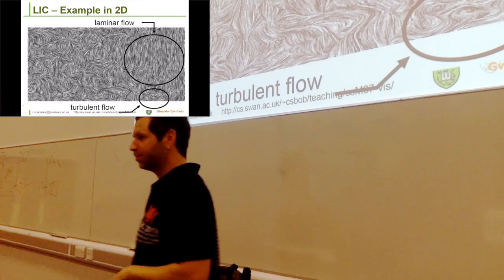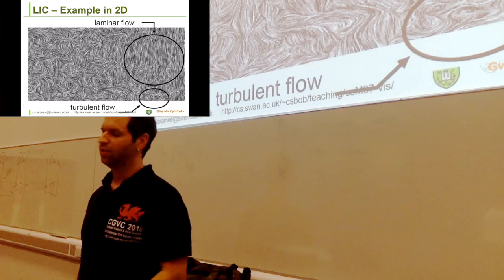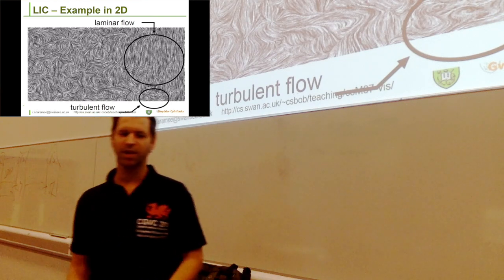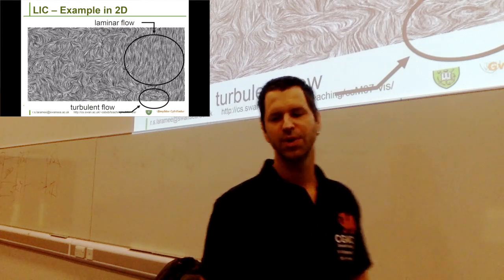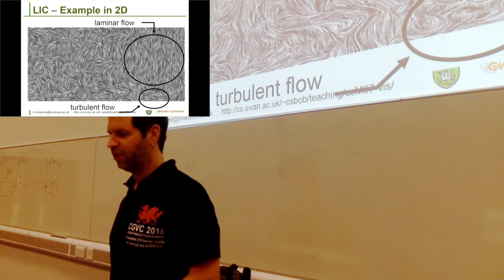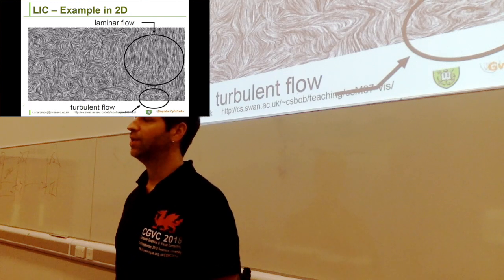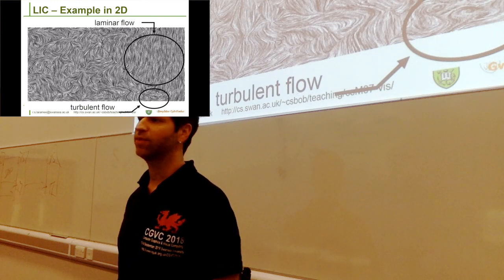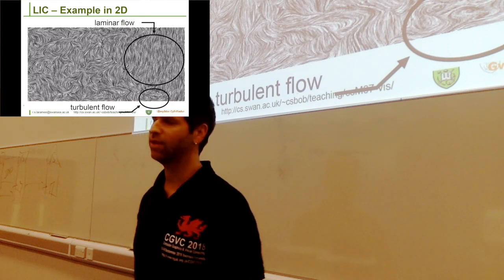Is that a single frame? A single frame. So it really wasn't practical to apply it to unsteady flow in the beginning. Now, the video I just showed you is running at like 20 frames a second. So it's very fast. You can apply it to unsteady flow.